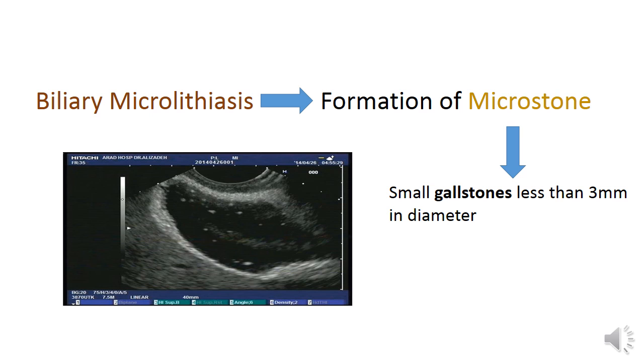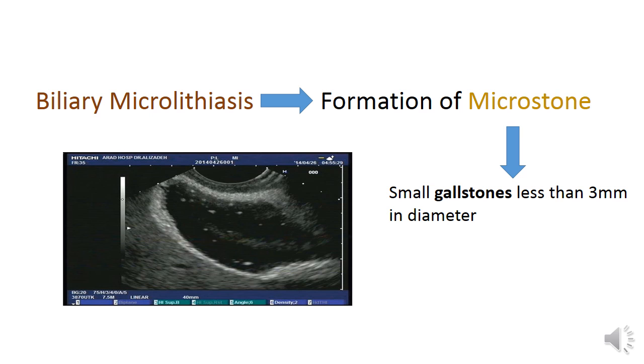Now microstones are small gallstones which have a diameter of less than 3 millimeters. So it's just the size, otherwise it's almost the same as a gallstone. Some even consider microlithiasis the same as biliary sludge. Now these small dots that you are watching right now in this ultrasound sonography, these are microstones.